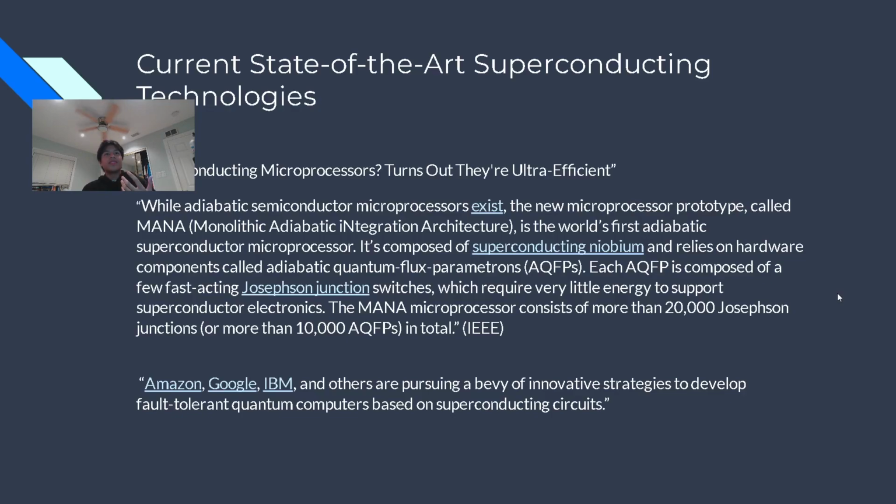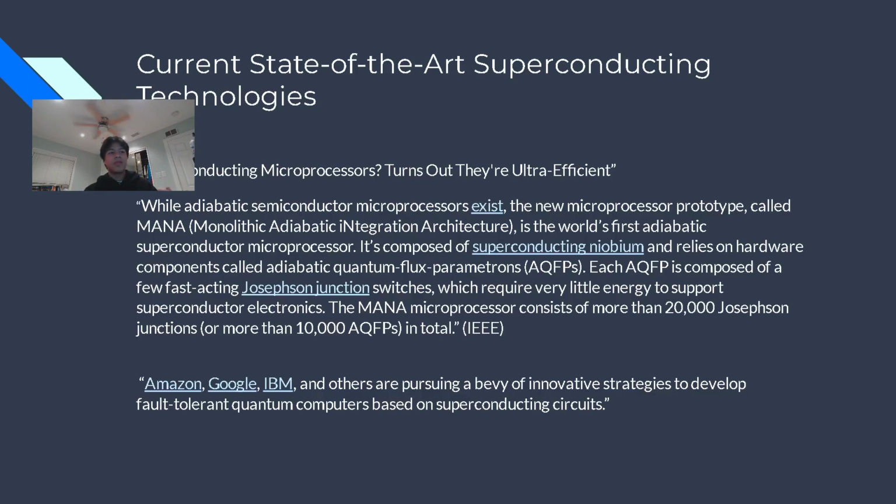And here are current state-of-the-art superconducting technologies. So researchers in Japan actually developed a monolithic adiabatic integration architecture, which is a superconducting microprocessor with zero electrical resistance.